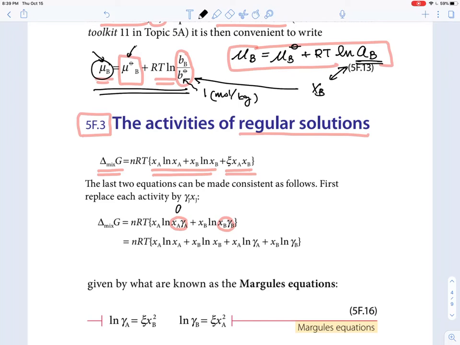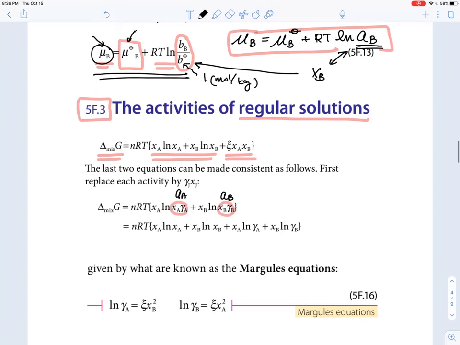So this is an activity A, and this is an activity B. So delta G mix can be described by these two factors, and by putting these two together you can get this X ln A, X ln B, and these are the components that have something to do with the interaction of these two materials, A and B, and that must be related to those two.